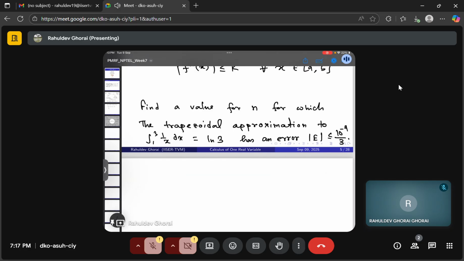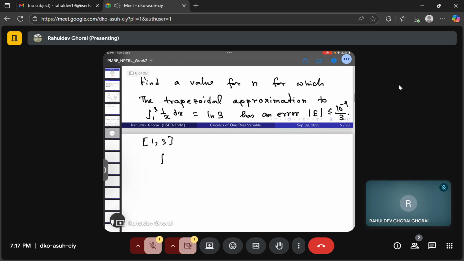Okay, so in this case the interval is 1 to 3, right? That's the interval, and your function f(x) is 1 by x.